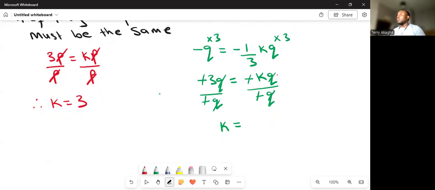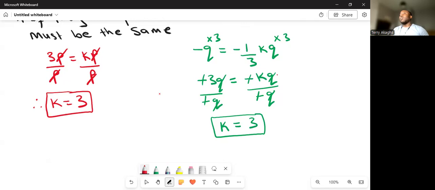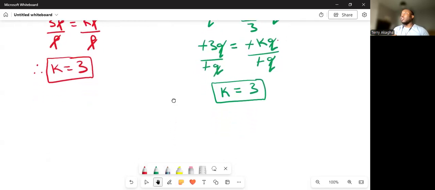And that will give you what? 3. So you can see here we got 3, while in the other one, we also had 3 as well. So now in this case, K is equal in both P and Q.